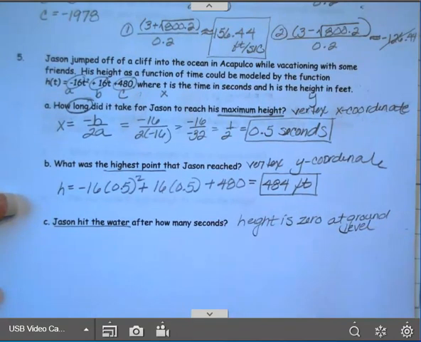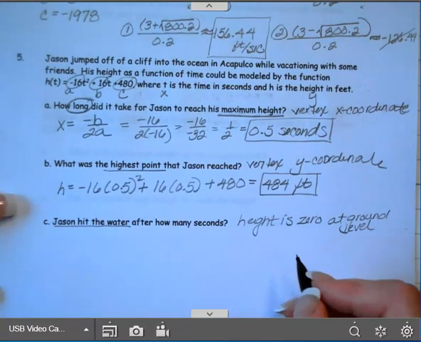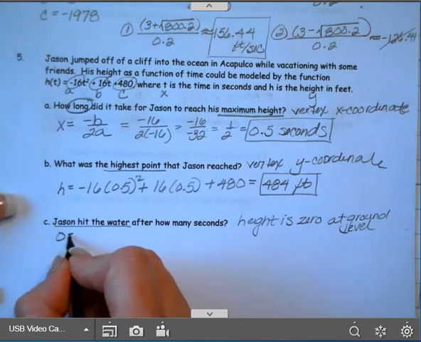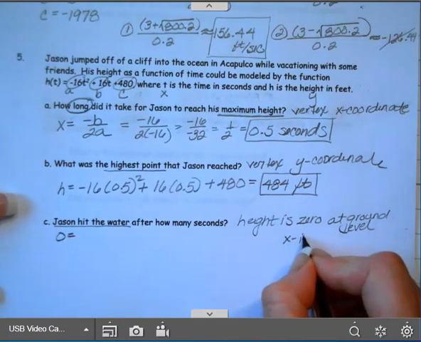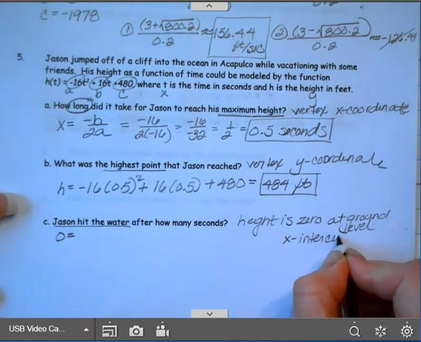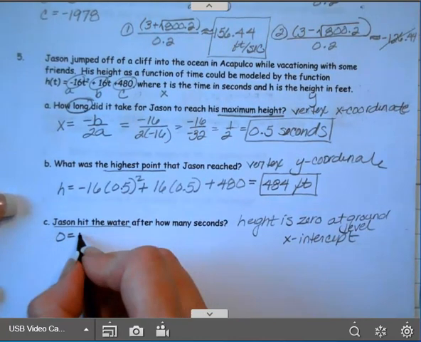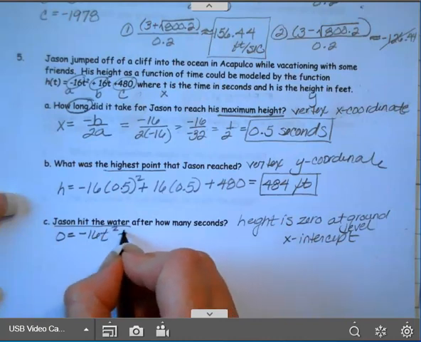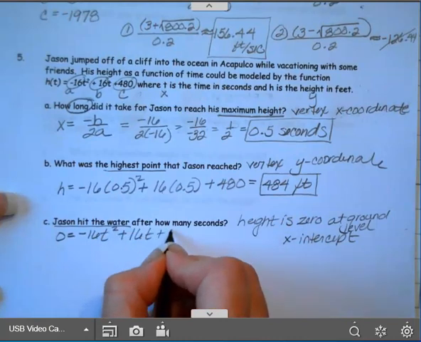In this case, water level. And so we're looking for the x-intercept. So I'm going to plug in 0 equals negative 16 t squared plus 16t plus 480.